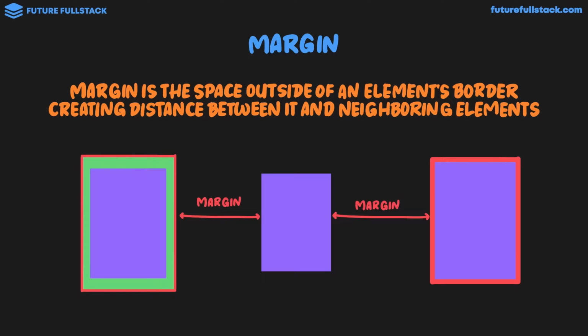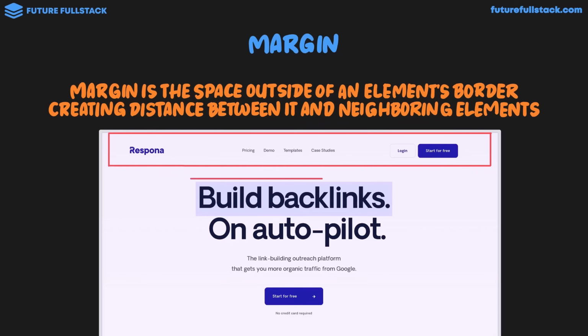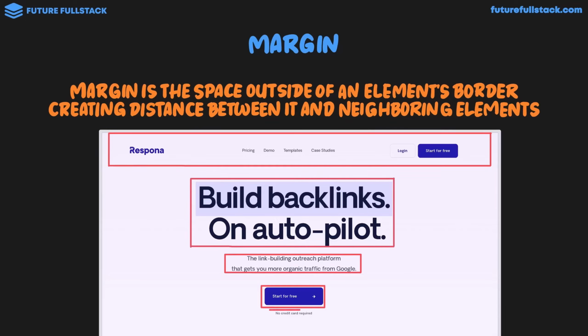So let's look at an example of margin being used on a web page. I'll first highlight the different containers of elements. We have a navigation menu, some big heading text, a paragraph, a button, and a small piece of text over here. Now margin is used to separate each of these elements. We have some margin between the navigation menu and the big heading text.